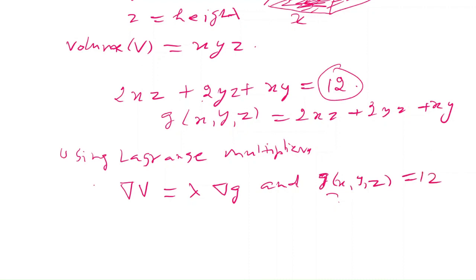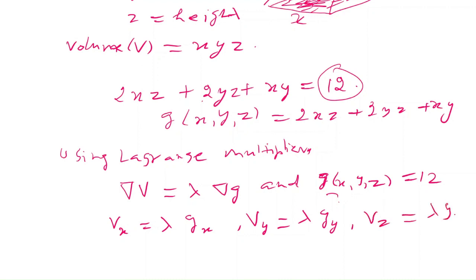This del v means vx equal to some lambda into gx, comma vy is equal to some lambda into gy, and vz is lambda into gz.